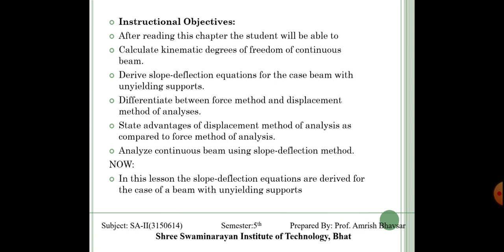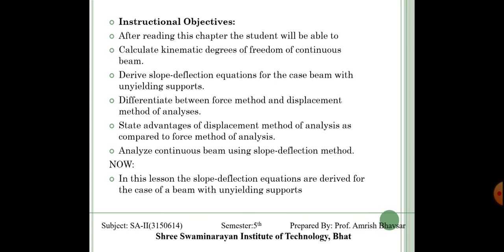Here we always consider that supports are not yielding. They will also be able to differentiate between the force method and the displacement method of analysis, state the advantages of the displacement method of analysis as compared to the force method, and analyze the continuous beam using the slope deflection method.